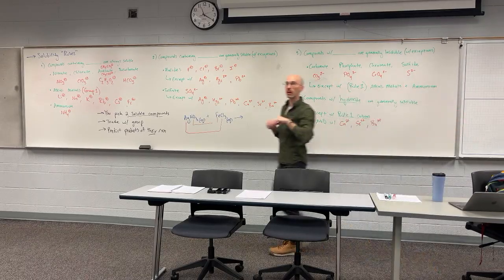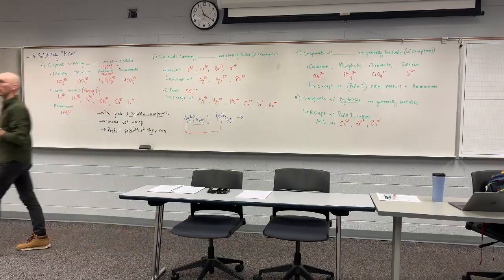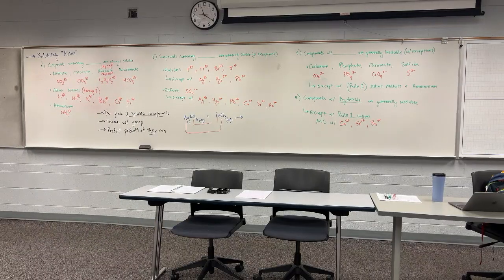All right, sodium chloride, silver bicarbonate. What are the products? Sodium bicarbonate, silver chloride. We know that sodium chloride is soluble because of sodium. We know that silver bicarbonate is soluble because of bicarbonate.